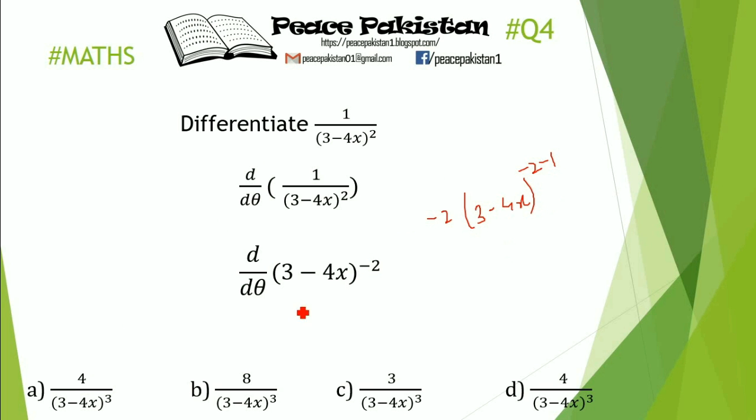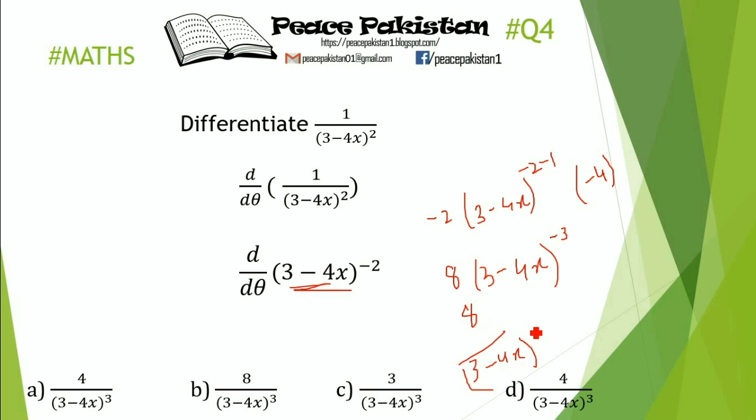Then we differentiate 3 − 4x. The derivative of 3 − 4x is −4, then minus into minus gives 8, and (3 − 4x) to the power −3. It can also be written as 8 upon (3 − 4x) whole power 3. Then we can say this one is the correct answer.